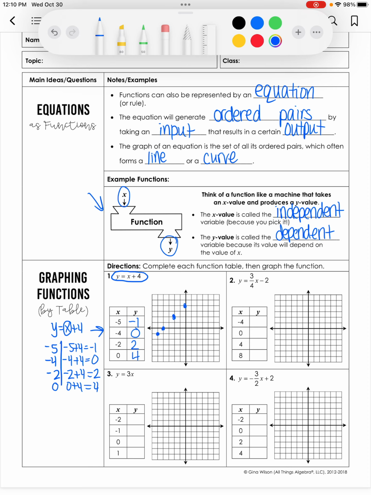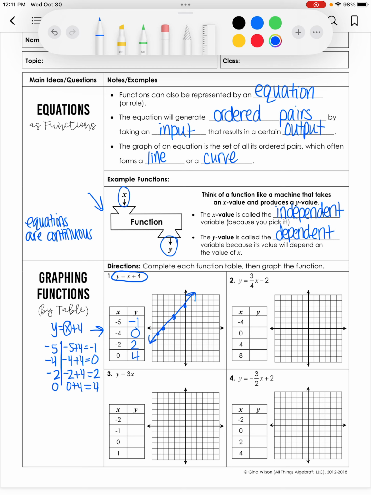Now, right now I have just 4 random ordered pairs, but technically equations are continuous. So equations, I'm just going to write it up here. Equations are continuous. So no matter what values they give you for the table, technically you would take your points and you would connect them with a line or a curve.